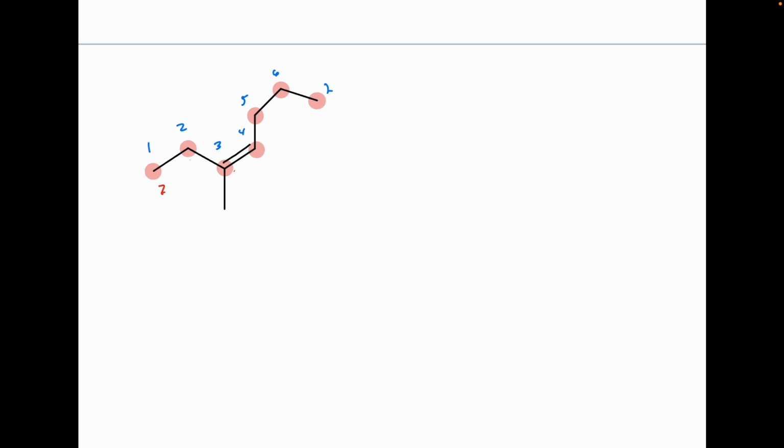So that would be that 3 position. We got this 1 carbon group right here, which we call a methyl group. So ignoring stereochemistry for the second and assembling our name, this would be 3-methyl-3-heptene. Hept is that prefix for 7.